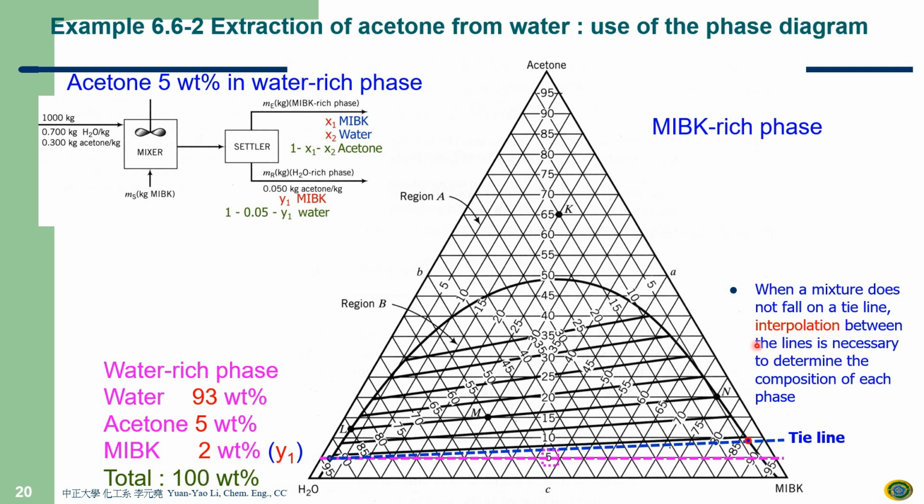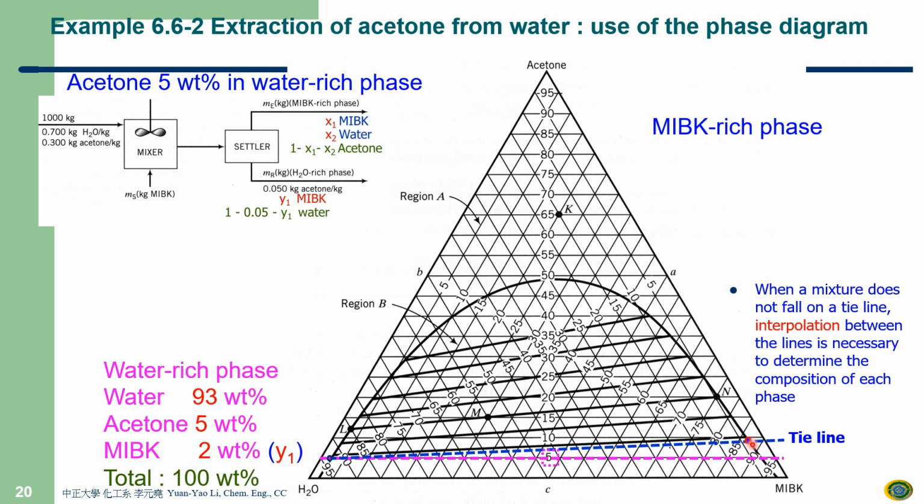The tie line is necessary to determine the composition of each phase. So the point here is the composition in the MIBK rich phase. What's the composition here? Again, let's start from water. The composition of water at this point is between 0 and 5, right? So let's say 3.